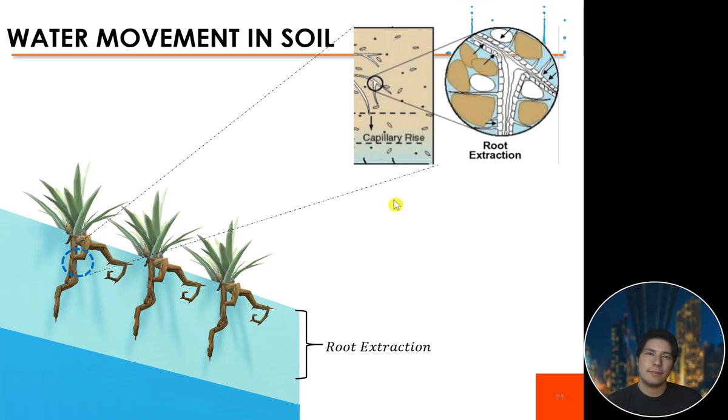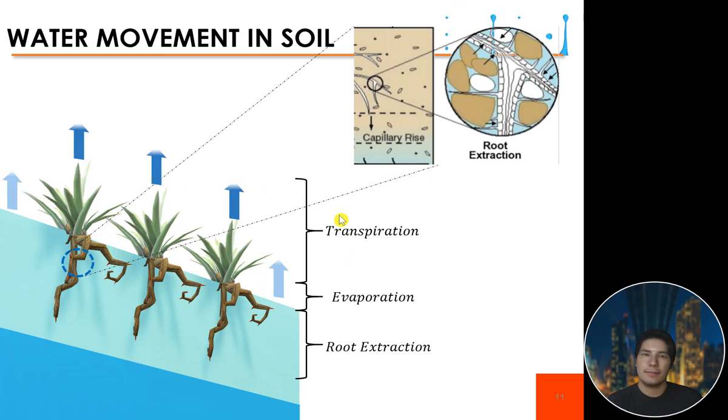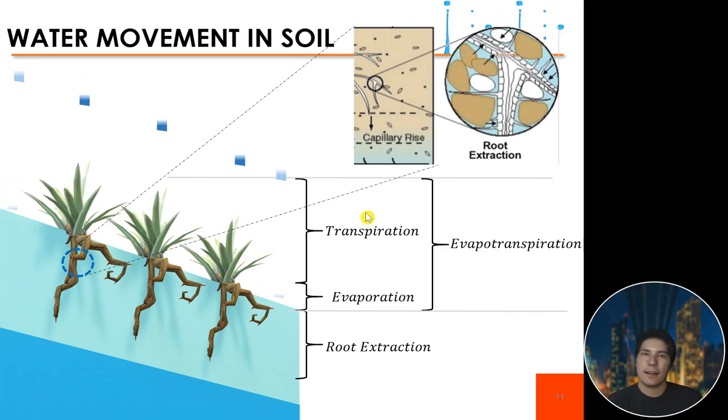And yan, we have this capillary rise. So ito yung tinatawag natin na evaporation, yung tubig sa lupa, yung land surrounding the crops natin. We have that evaporation, and yung tubig naman na andito sa plants, we call it transpiration, or combination ng dalawa, we call it evapotranspiration. Okay?